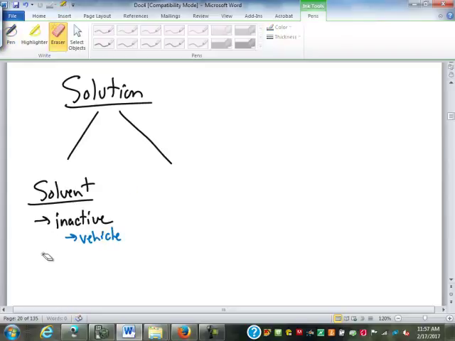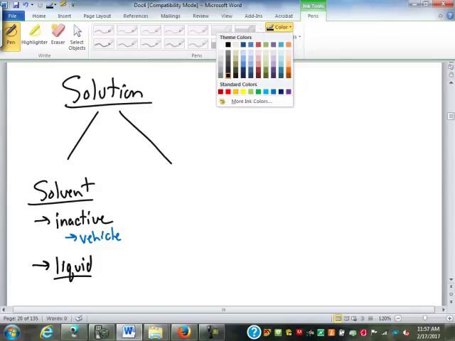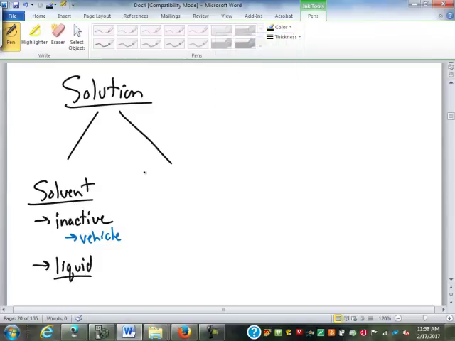What a vehicle is, it carries the active ingredient into the patient. So it's generally like sterile water or saline solution, or sometimes just a capsule. And it is usually a liquid, and it is the larger component. There are solid solutions and gaseous solutions, but for the most part, they are liquid.